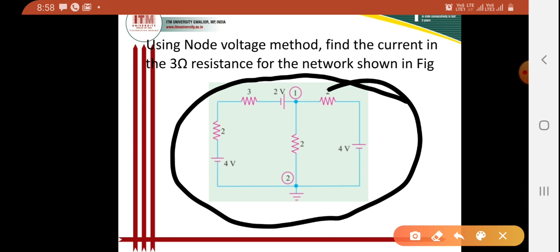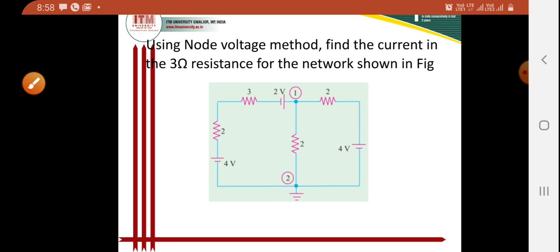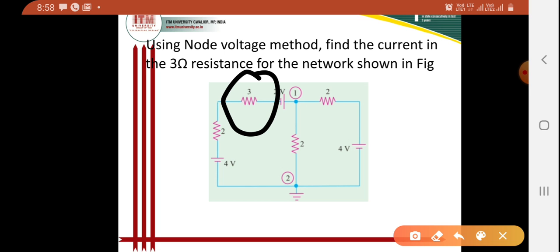So which one is the 3 ohm? Where is the 3 ohm resistance? So this is our 3 ohm resistance, and we have to find the current in it. Clear? Now coming to the solution. Just look at this figure. This is our node 1 and this is our node 2.